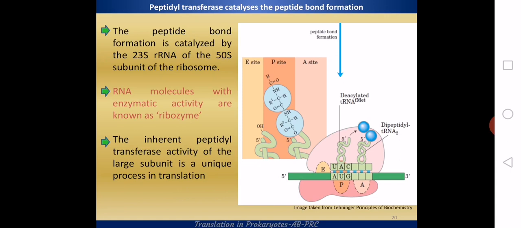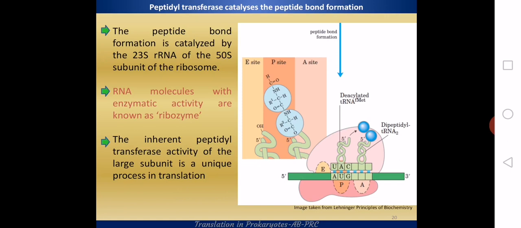And this reaction is usually catalyzed by the enzyme peptidyl transferase. Previously it was thought that it would definitely be a protein, but later on it became clear that it is not a protein, but rather an RNA molecule.